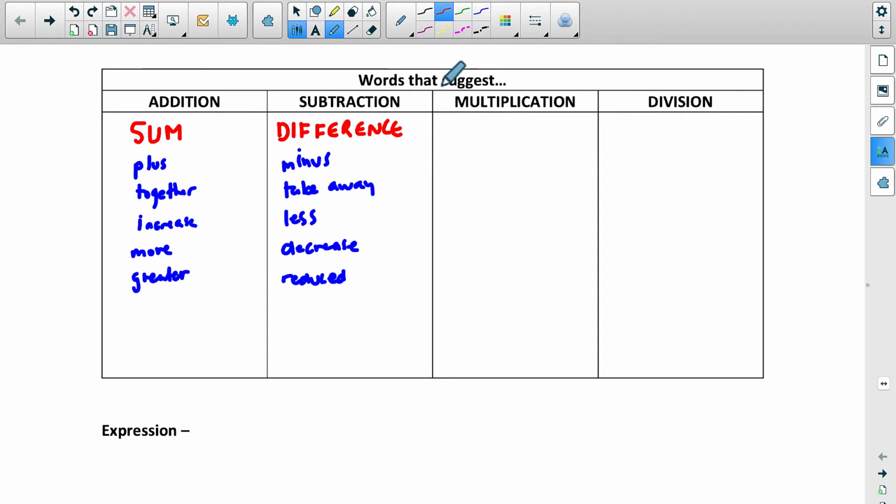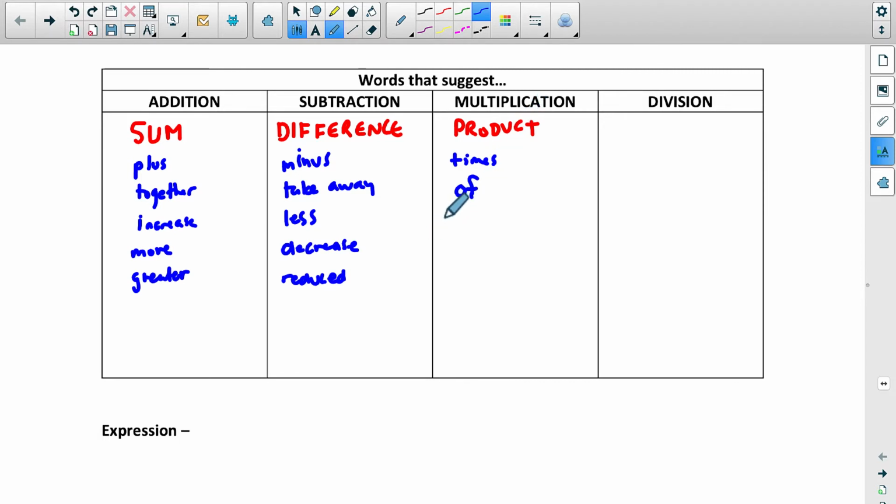Multiplication, the real word for an answer in multiplication is called the product. If you multiply some things together and get an answer, you found a product. But other words that suggest multiplication, times, that's what we actually usually say, times. Believe it or not, of, the word of means times, especially when you're talking about fractions. 2/3 of something is 2/3 times.